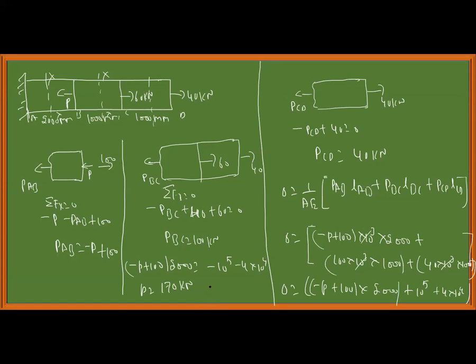Now, if in case you are asked to find the reaction force, I know P. You take some reaction force like this arbitrarily. For a better understanding, I'll take the reaction force R like this. Summation of forces in x direction is equal to 0: minus R minus 170 plus 60 plus 40 is equal to 0.